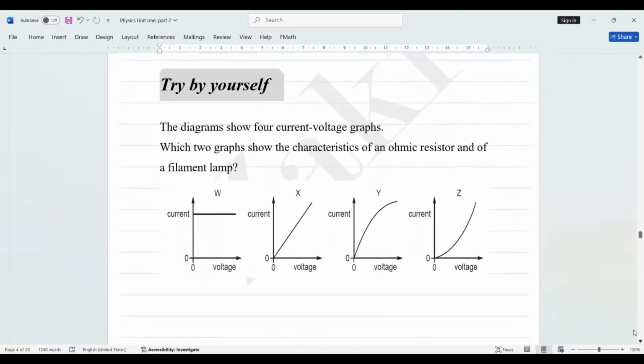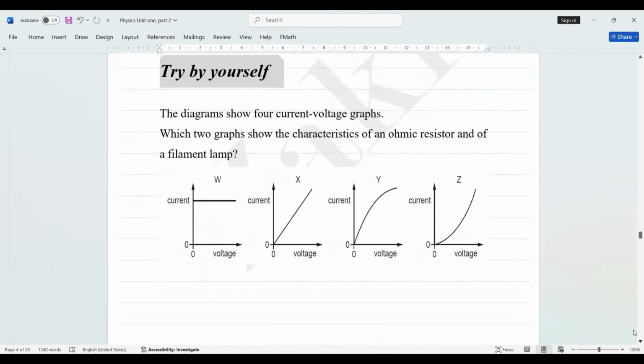He gave the diagram. Now try to think of this question and then try to solve it alone. He said, which two graphs, we choose two graphs of those four graphs, show characteristics of an ohmic resistor. For an ohmic resistor, the relation is a straight line.